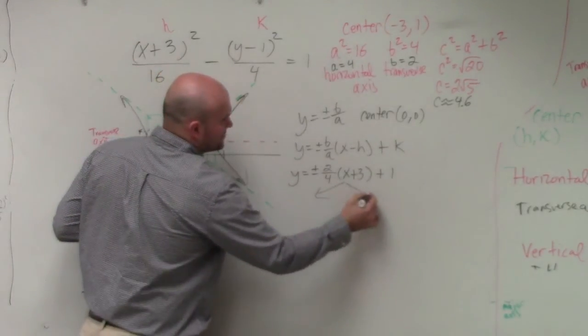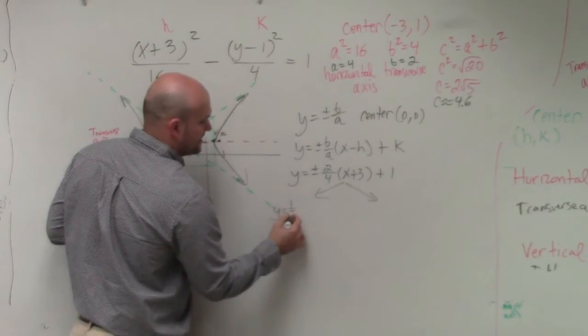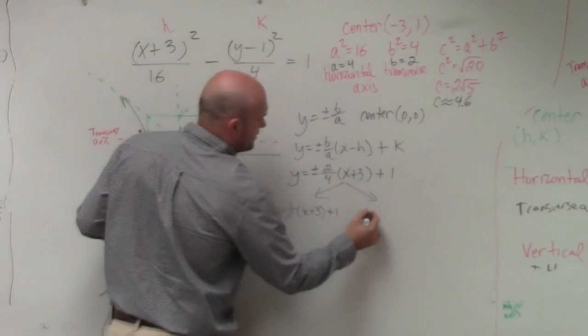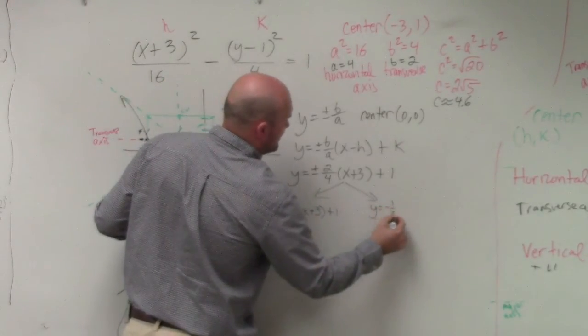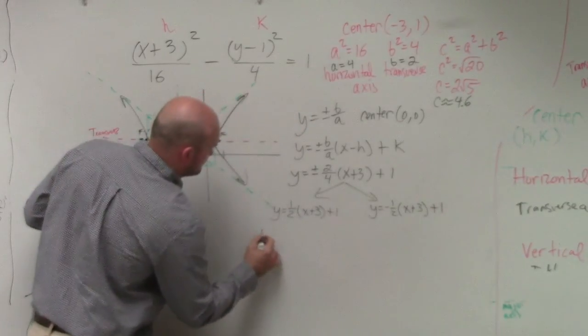To do that, I would do the plus and the minus. So y equals 2/4, which is the same thing as 1/2, times (x plus 3) plus 1. And then y equals negative 1/2 times (x plus 3) plus 1.